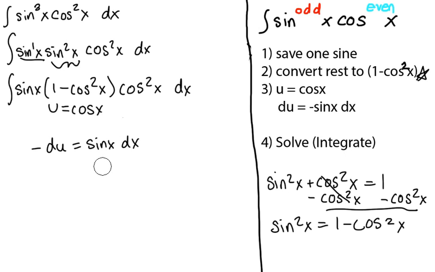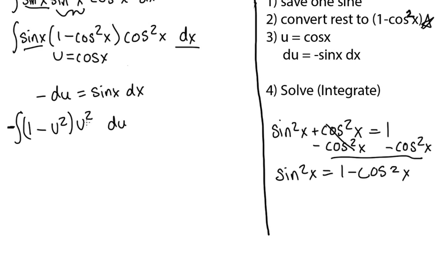Okay, so now we're going to substitute in. So sine x dx just becomes negative du, so I'm going to put the negative outside of the integral and put the du here, and then 1 minus u squared times u squared.